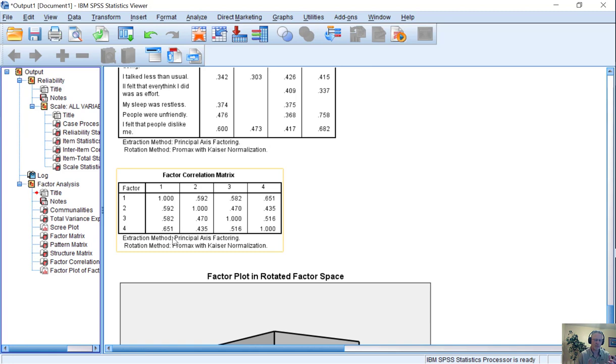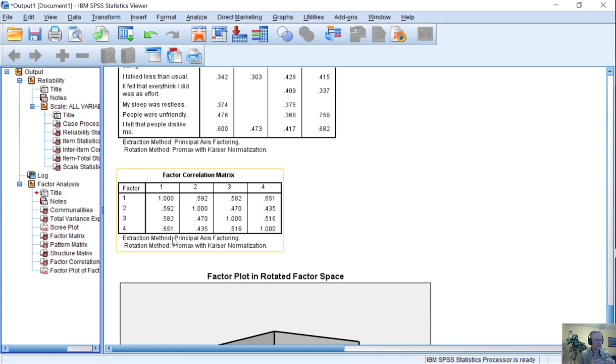It's getting at 4 dimensions of depression, but these dimensions of depression all correlate pretty strongly together. And that indicates that it's probably okay to just use these 20 items as a single measure of depression, but there may be, under certain circumstances, some advantages of looking at them separately as well.